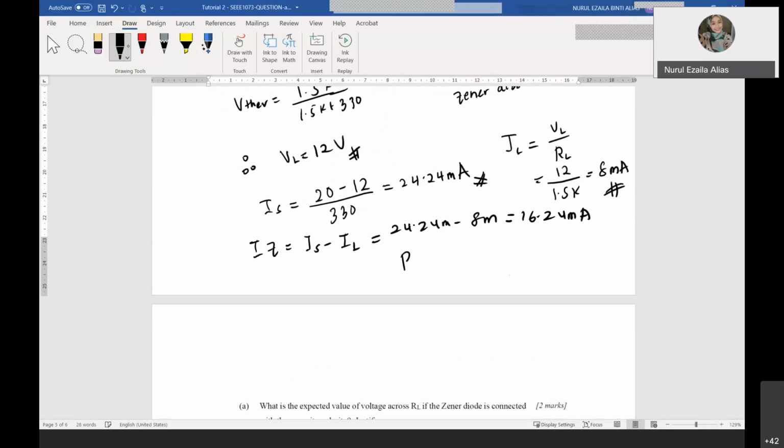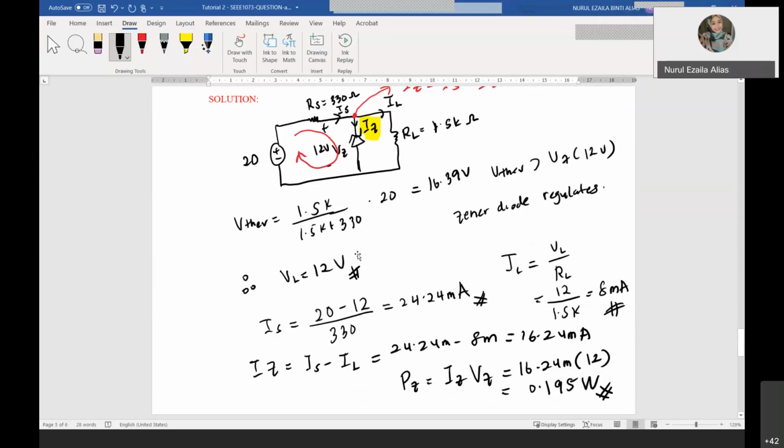PZ is equal to IZ times VZ, so 16.24 milli times 12 gives around 0.195 watt. Actually, I have given the answer, but we better do it. All right, so that's it.